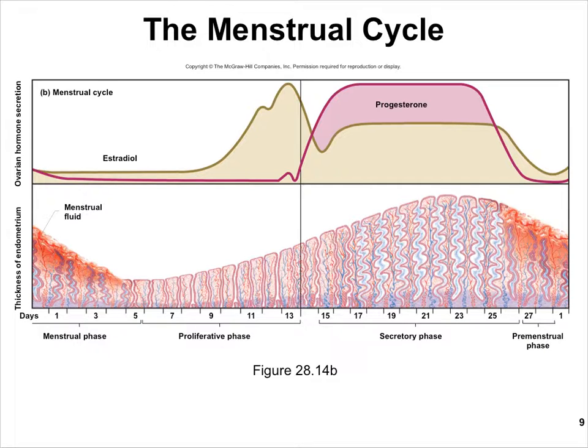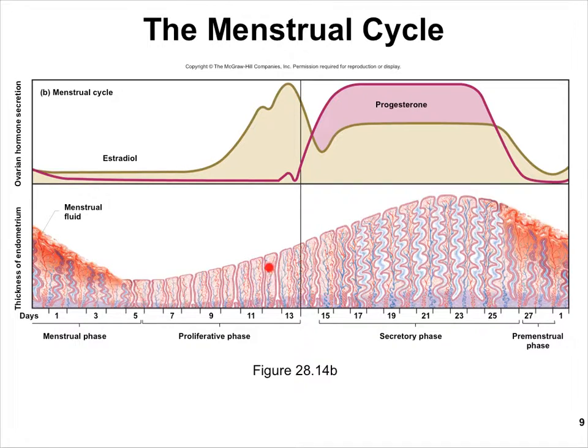By the time ovulation occurs, usually around day 15, the endometrial layer will be 2 to 3 millimeters thick, and it has begun to prepare itself to accept a developing embryo.